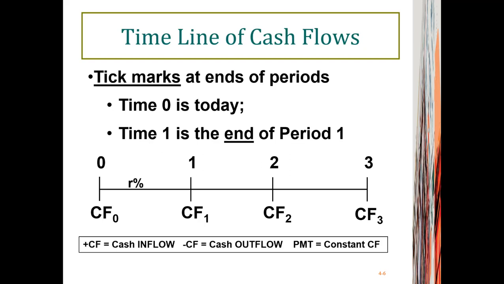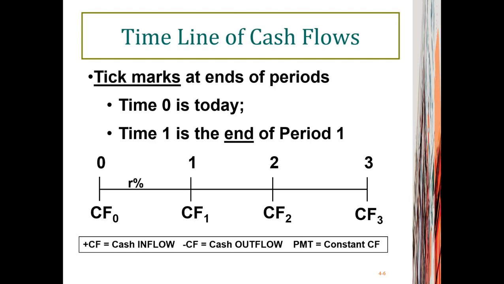Now, let's take a look at a very important tool called the timeline of cash flows. I would say that before you fix any finance problem in this class, you need to draw a timeline. Now let's take a look at an example of a timeline of cash flows.